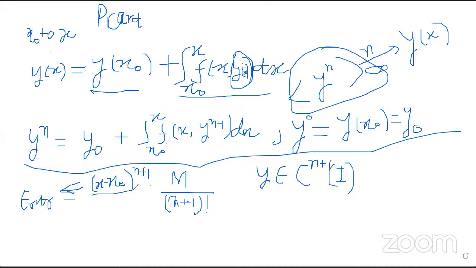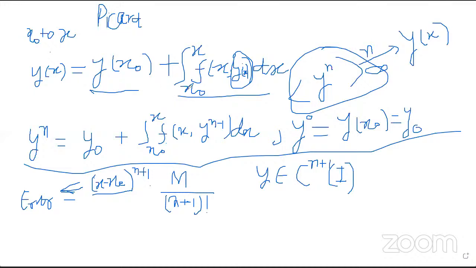As x minus x naught keeps increasing, the error keeps increasing. What does it mean? It means that if we simulate any problem for a longer time, our result is going to be worse and worse.